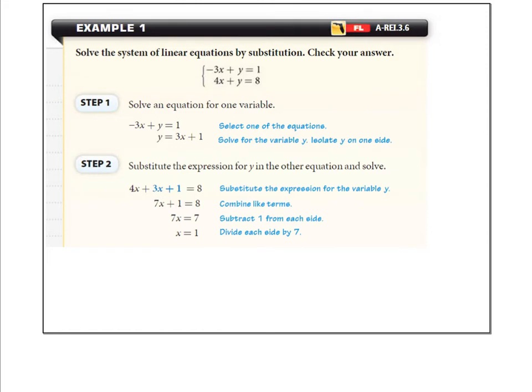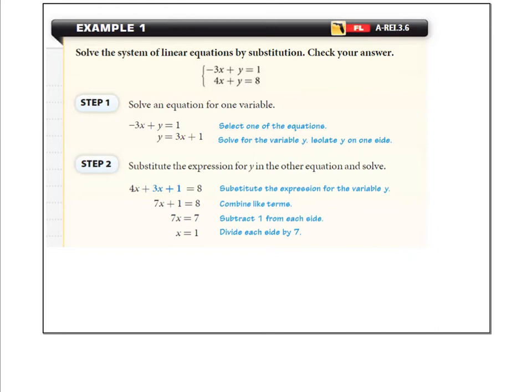Example 1, the book has a substitution problem worked out for you. This one's different than the explore activity because if you notice, neither of the equations has a variable by itself. When that happens, your goal is to find the equation where it'd be the easiest to solve for a variable. It doesn't matter if you solve for x or solve for y, whichever is easier.